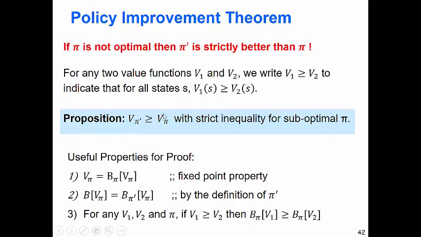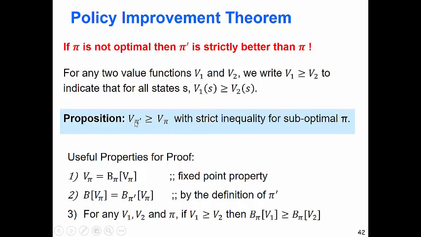And let's remind ourselves what this means. Like v pi prime, that's a vector, right? Remember when we write down value functions, they're vectors the size of the state space. When we put an equality or inequality in between two of these vectors, what we mean is that one vector dominates the other.